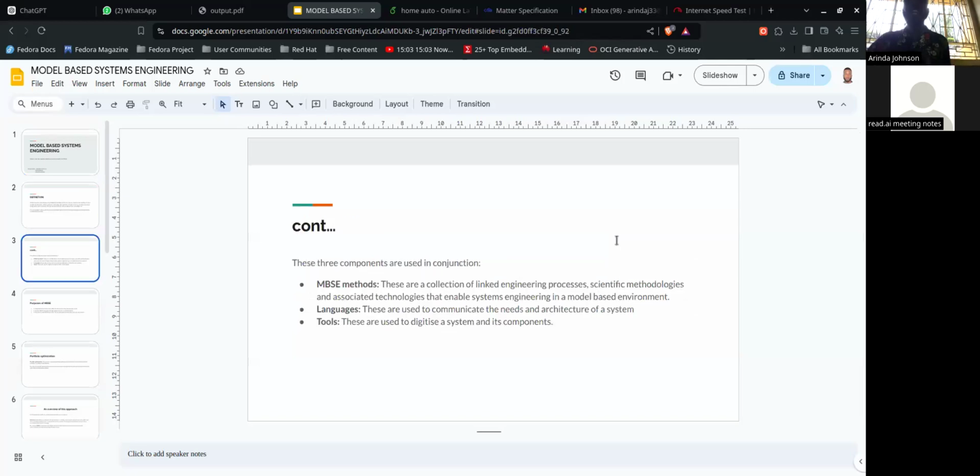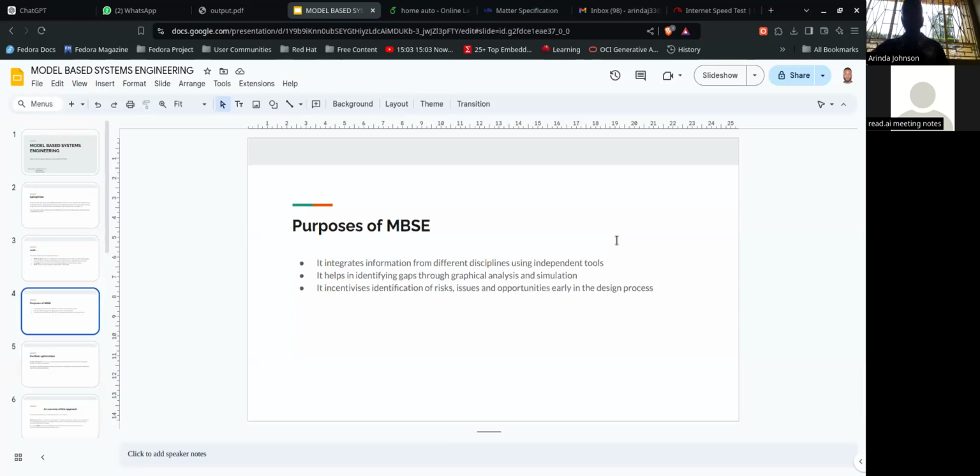The MBSE methods, these are the collection of linked engineering processes, scientific methodologies, and associated technologies that enable systems engineering in a model-based environment. The language, these are used to communicate the needs and architecture of the system. The tools, these are used to digitize the system and its components.